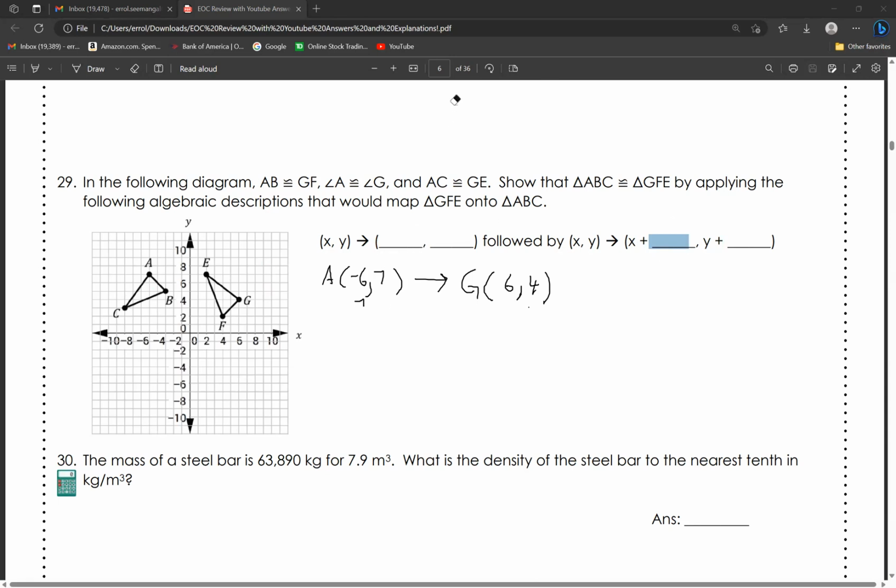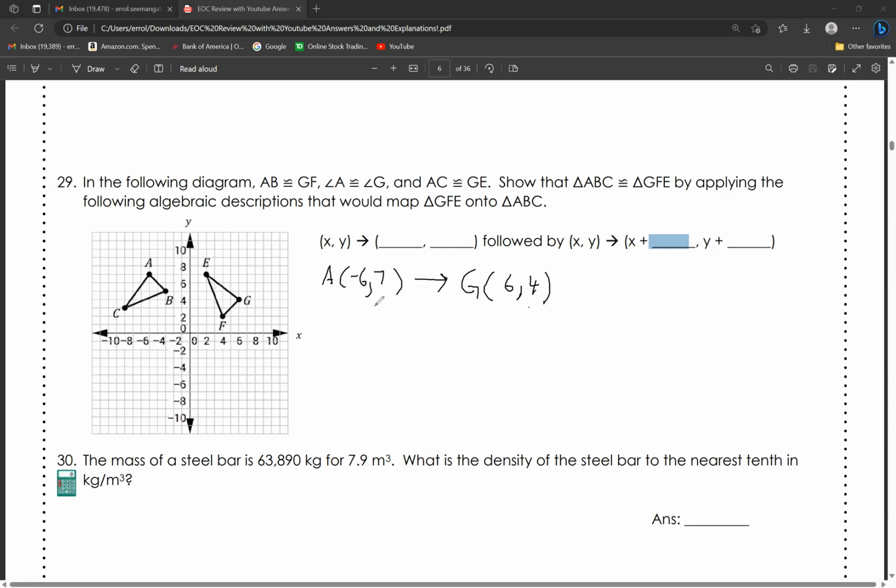Would you just write -6, 7 followed by x plus 6 and then y plus 4, maybe? -6, 7 here. Yeah, followed by what? 6, maybe, 4 here. Yeah, I think, or 12 and negative something. I'm not sure.